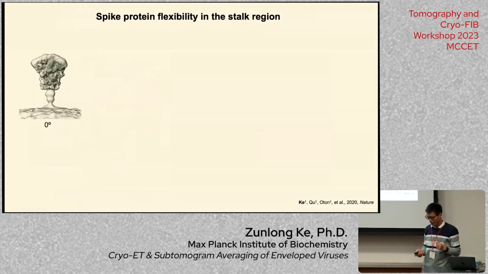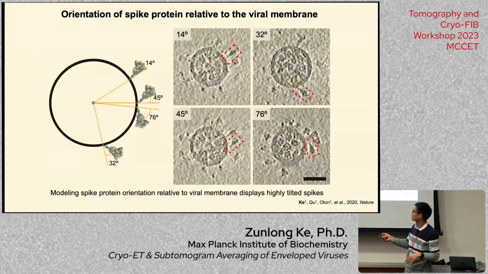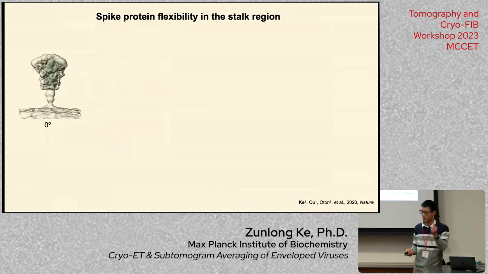So now, if you pay attention to what we had before, for example, this spike structure, we don't have anything below that, like the membrane is lost, everything's lost. It's because this region here is very flexible. After that point, it's very flexible.